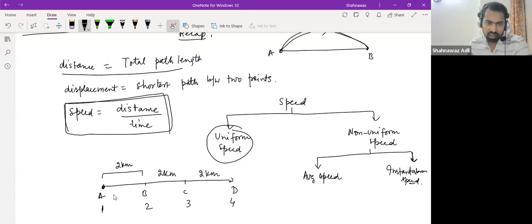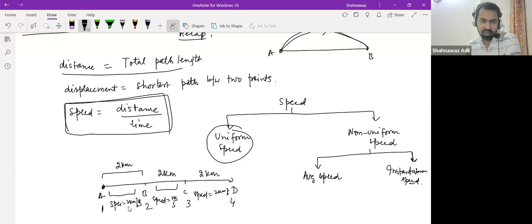So you see that a body is covering the same distance in 1 second. So what is the velocity here? Velocity is 2 by 1, or speed. So speed is 2 kilometer per second. In here, speed is also 2 kilometer per second, and in here, speed is also 2 kilometer per second. So for the whole journey, the speed is uniform. This is called the uniform speed, when you cover equal distance in equal interval of time.